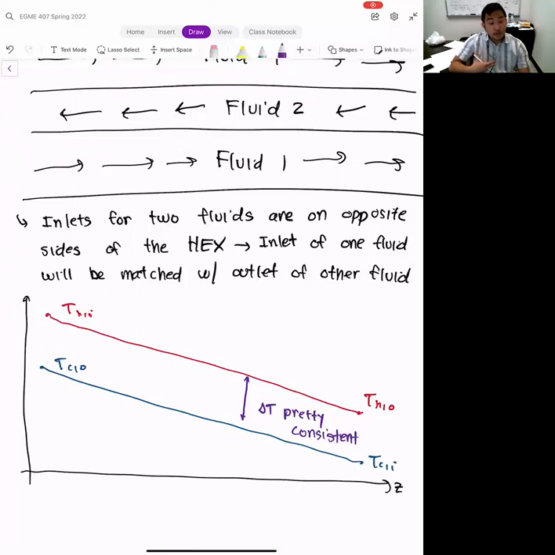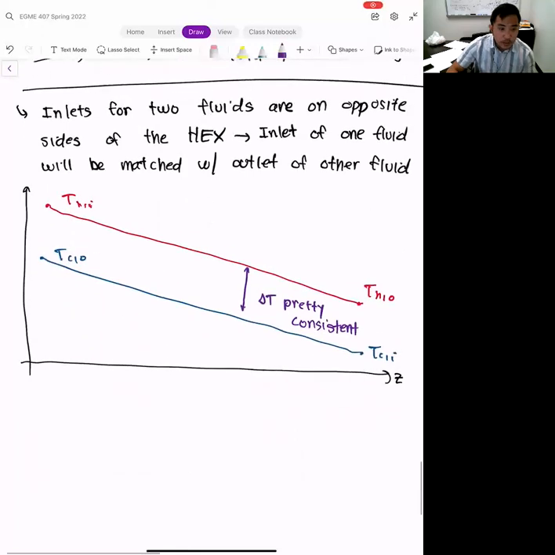And so if delta T is pretty consistent, that means that the amount of heat flux, or the amount of heat that gets transferred between the fluids, is almost constant throughout the entire heat exchanger.